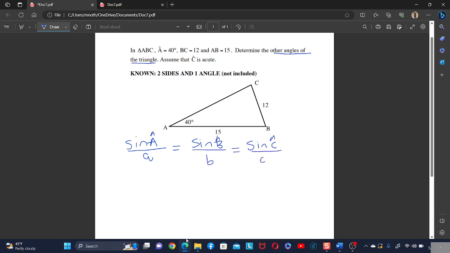Now, let's name the sides. This side is a small b, this side is a small a, and this side is a small c.